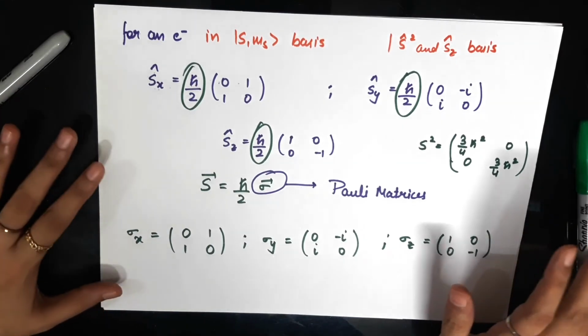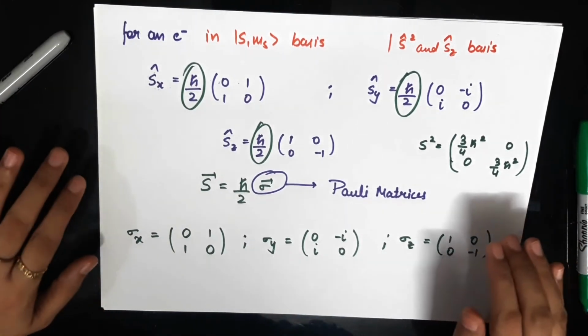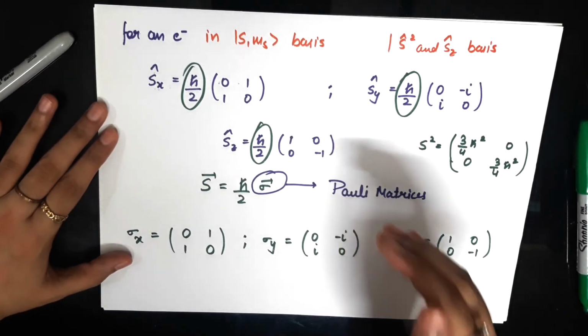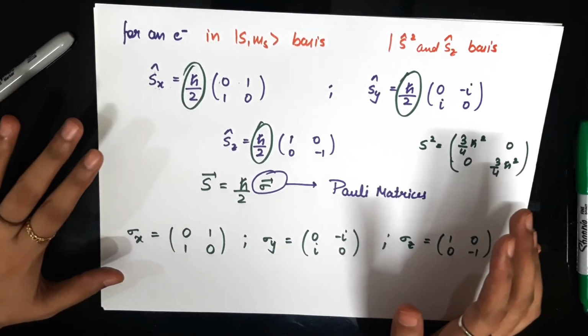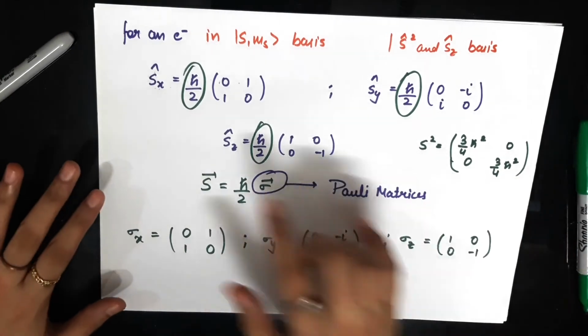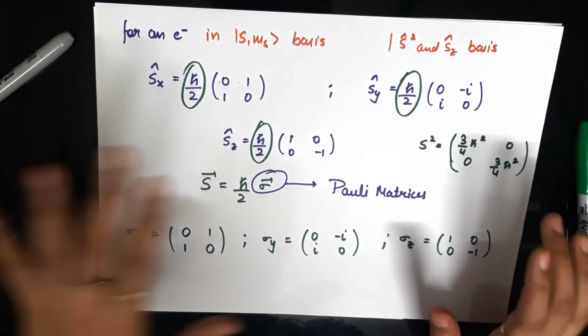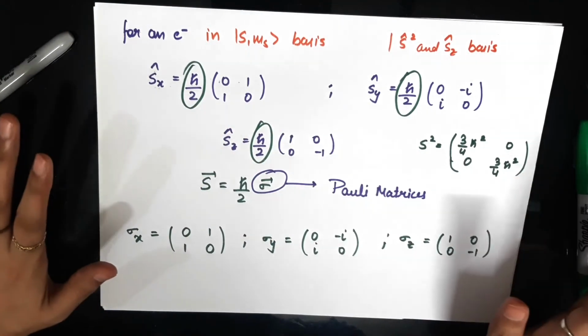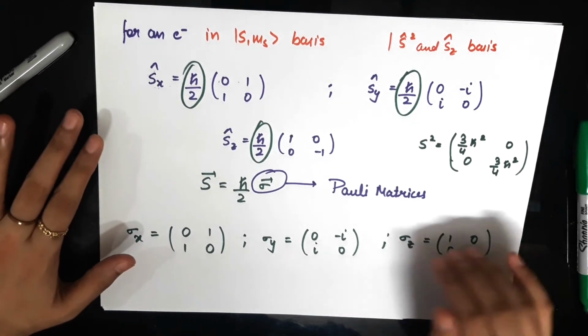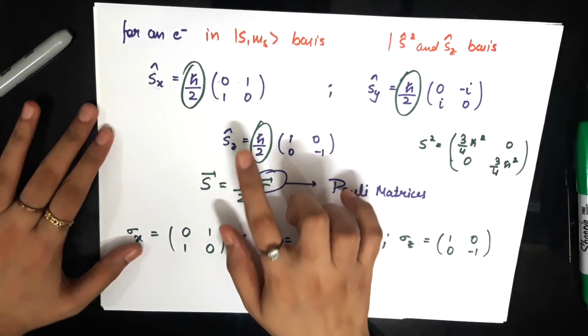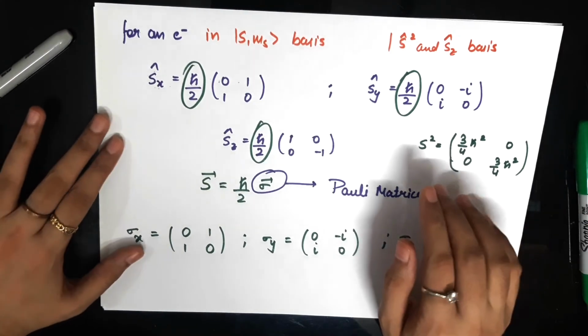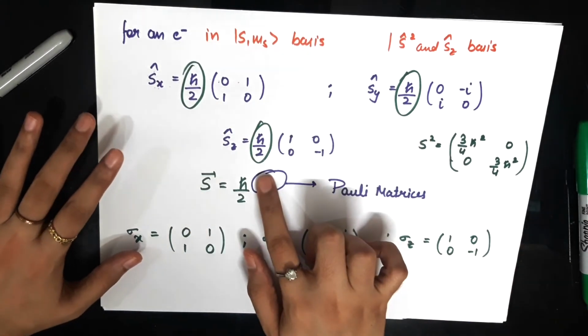And one more important thing is that these matrices have very interesting properties that could be written in a nice, mathematically simplified manner. So it's good to define these matrices and not work with these constant factors for the time being. In a nutshell, Pauli matrices are nothing but the spin matrices for an electron excluding the constant factors of half h bar.